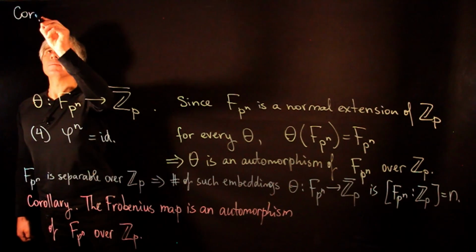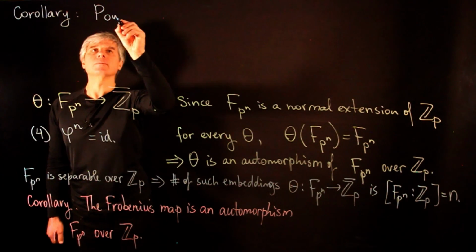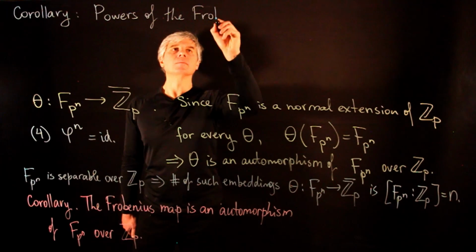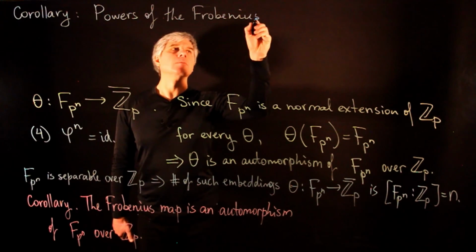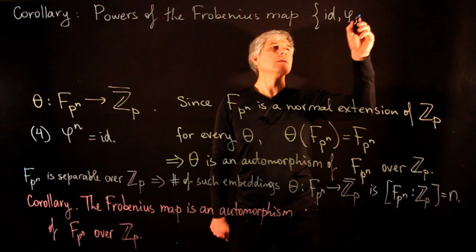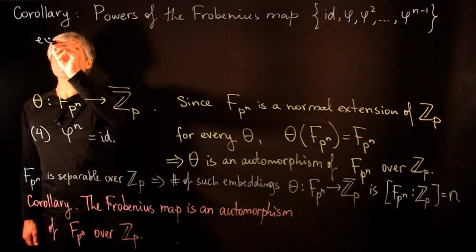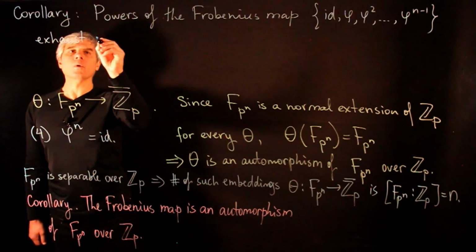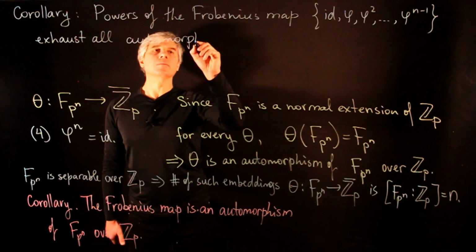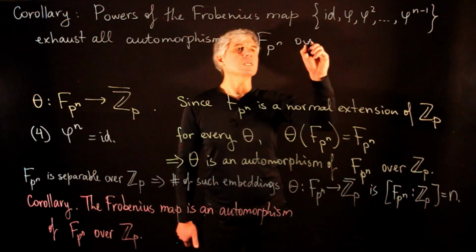And as a corollary, we conclude that the powers of the Frobenius map, identity, phi squared, up to phi to the n minus 1, exhaust all automorphisms of F p to the n over Zp.